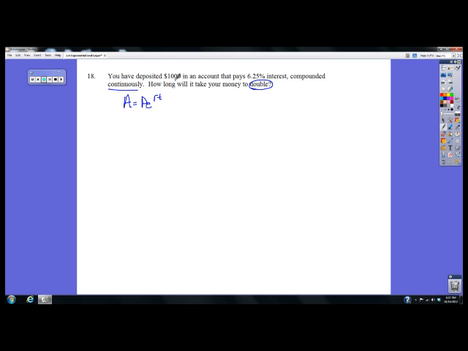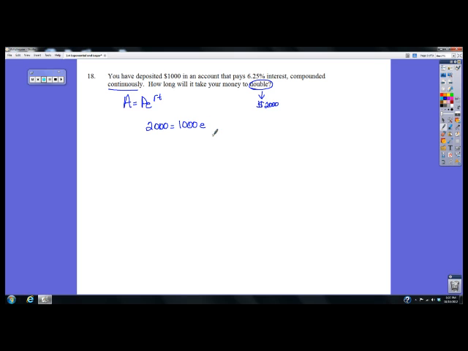So if you put $1,000 in the bank, if we're going to double it, that means we want to have $2,000 in the bank. My principal, or what I started with, was $1,000.